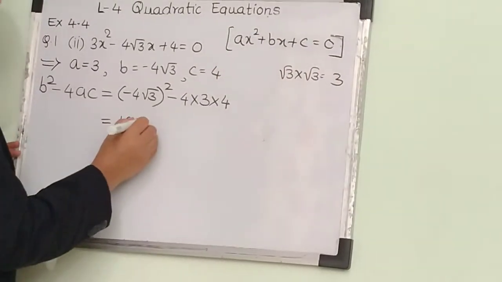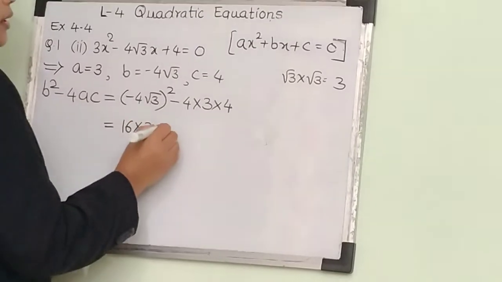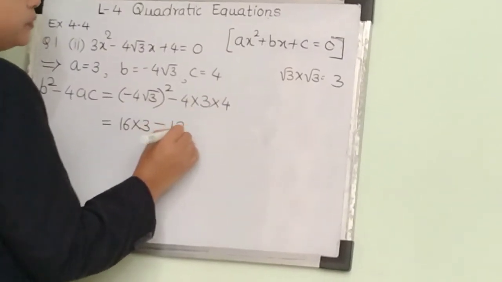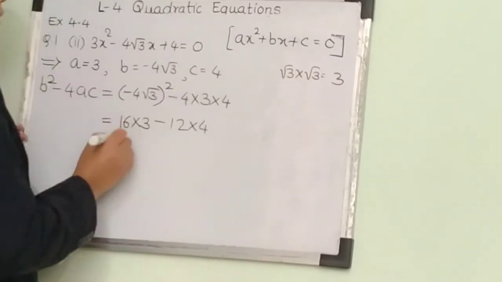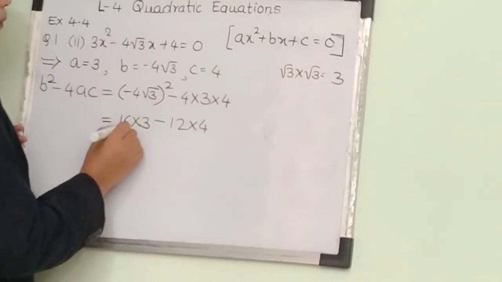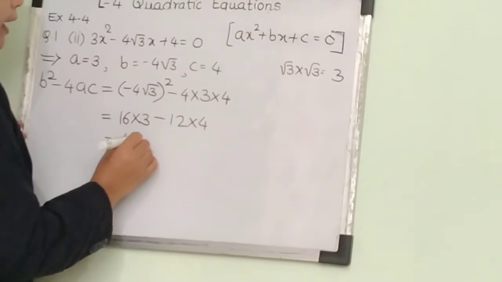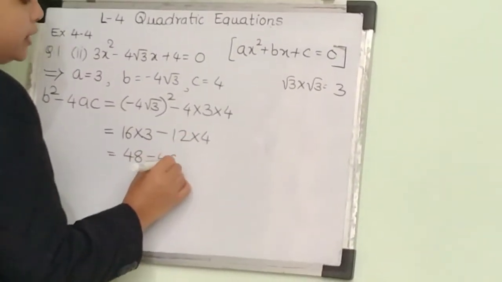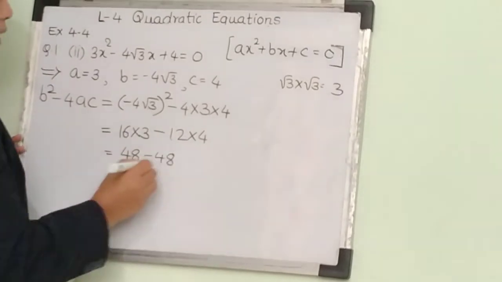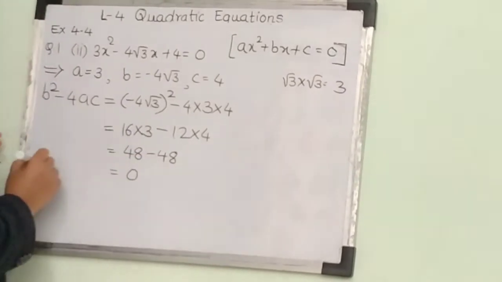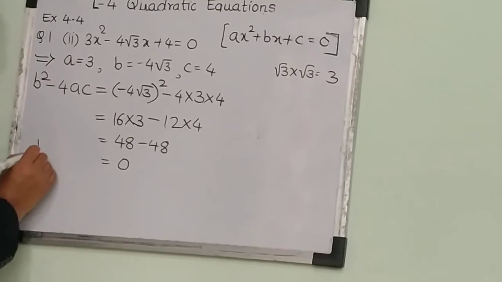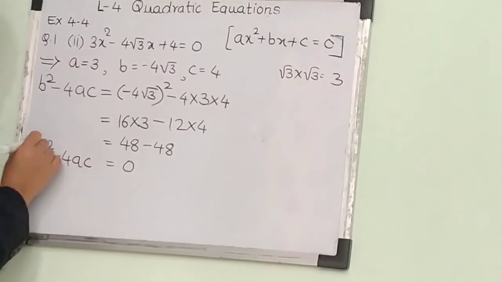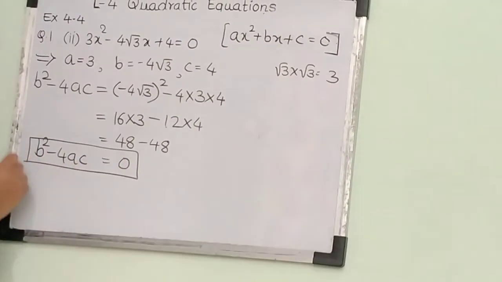So 16 into 3 minus 4 3s are 12 into 4. 16 3s are 48, minus 12 4s are 48. 48 minus 48 we get 0. So the value of the discriminant is equal to 0.